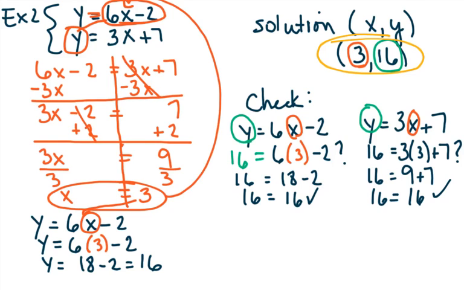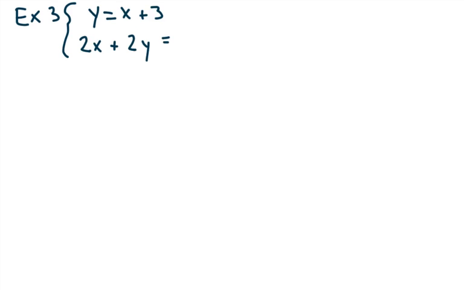Example 3 looks a little different, and this is the last example we're going to do. Example 3 is y equals x plus 3, and 2x plus 2y is equal to 38.